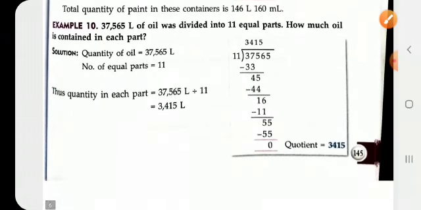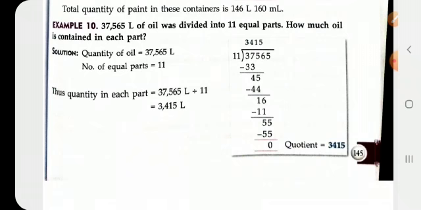Then coming to example number 10, we have a number given here. The capacity of oil was divided into 11 different, equal parts. Now there are around 37,565 liters of oil, and the oil is divided into 11 parts. Now what is the content of each of those 11 parts?